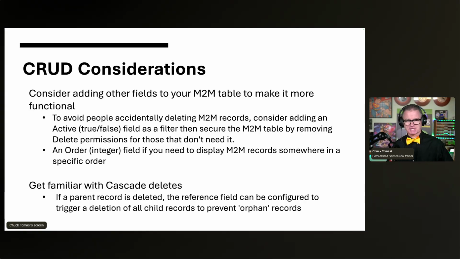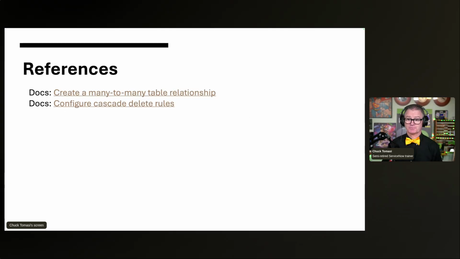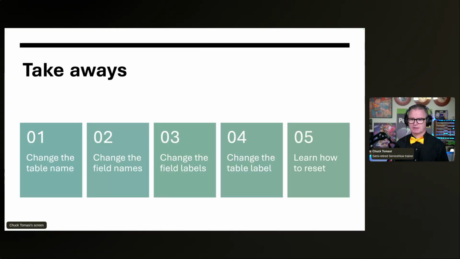You don't have these tasks hanging around when the parent record is gone, going, well, what do you want me to do now? You can delete them if you're allowed to delete records, of course. So for references, the docs has this for creating many to many relationships, plus my 5 tips, and then cascade delete rules if you want to look into those. A lot of people don't know about those. Those are very, very handy.